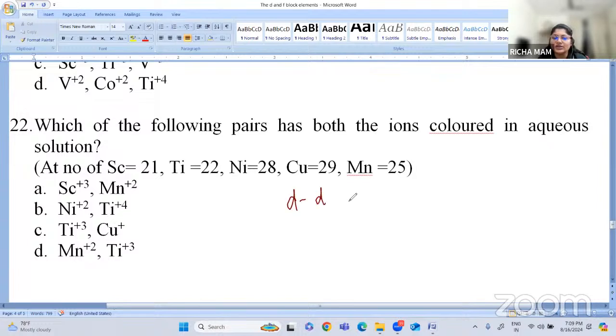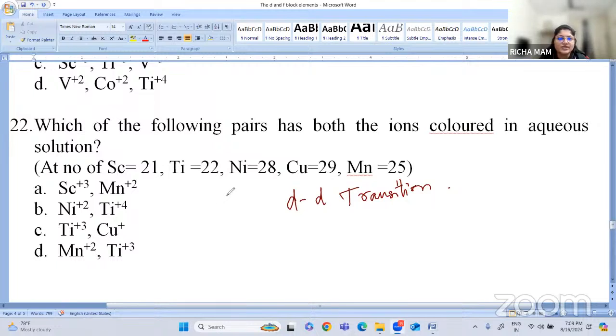It should undergo d-d transition. If there is no d-d transition, or if there is 0 electron, then it becomes colorless. So at least any electron should be present.